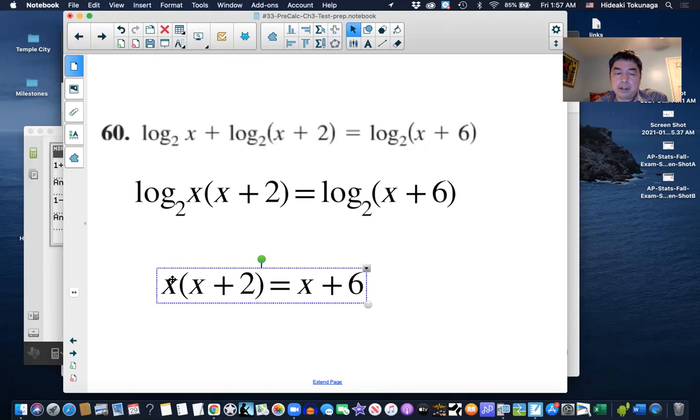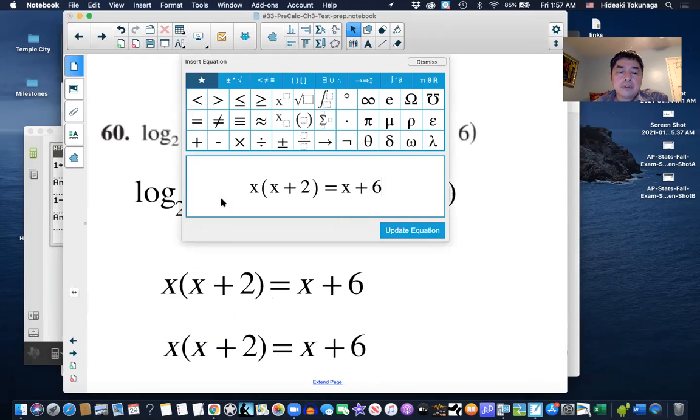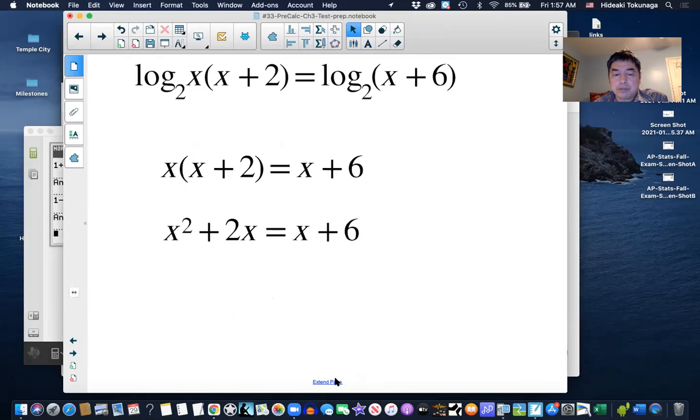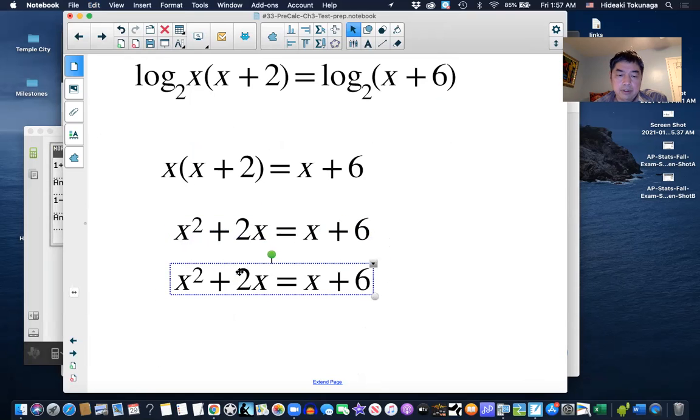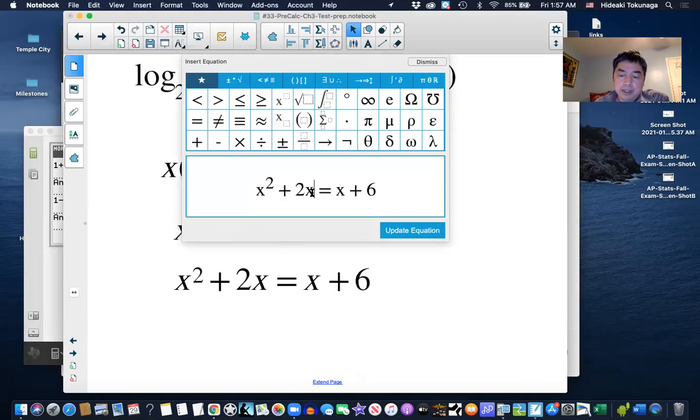So x squared plus 2x, and you subtract this one from the right hand side to the left. So I hope I'm doing right. Minus x minus 6 equal to 0.